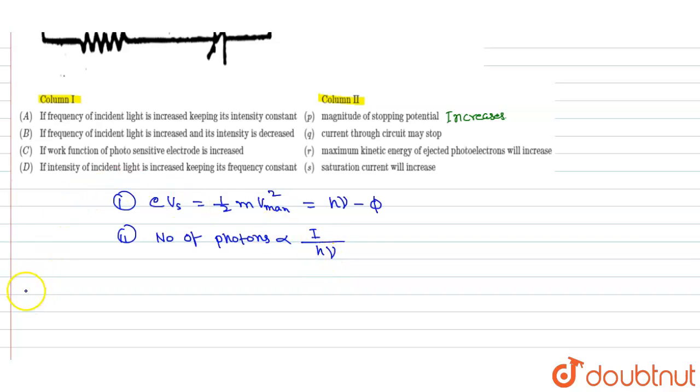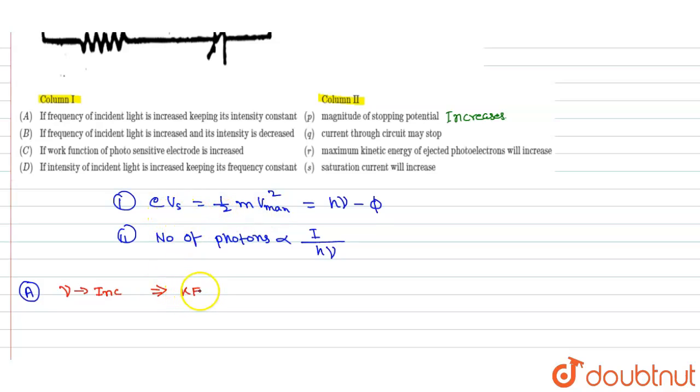Now coming to the first part of this question. In column first, the frequency of incident light is increased, keeping intensity constant. From the first relation, when frequency increases, kinetic energy increases and the stopping potential Vs also increases.